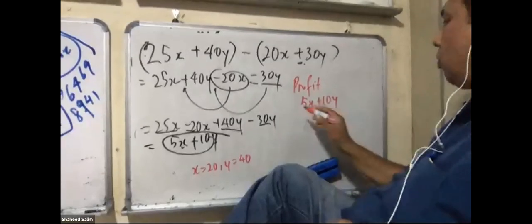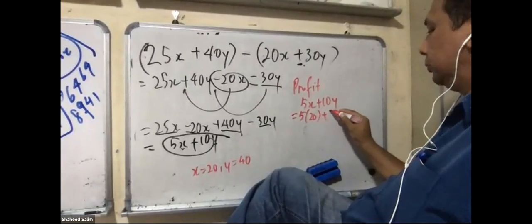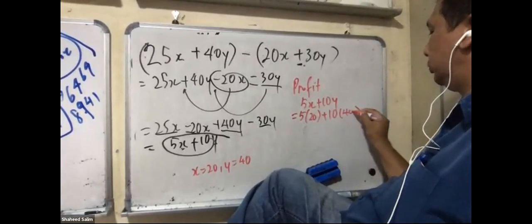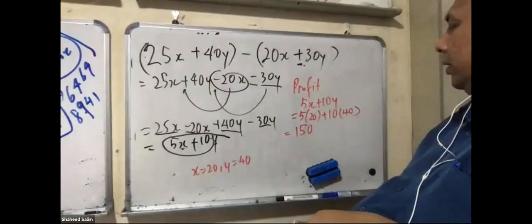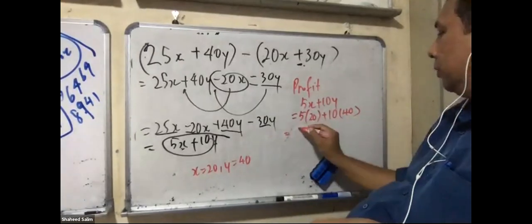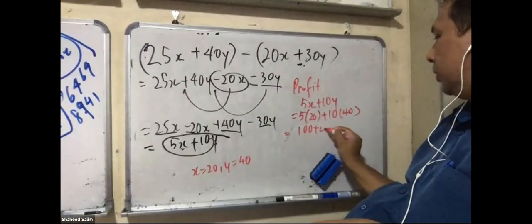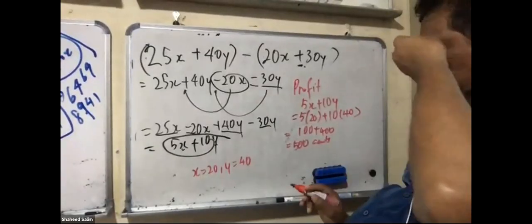Put in the value. 100 plus 400, correct. 100 plus 400 equals 500. So this is in cents. How many dollars is this? $5, that's it.